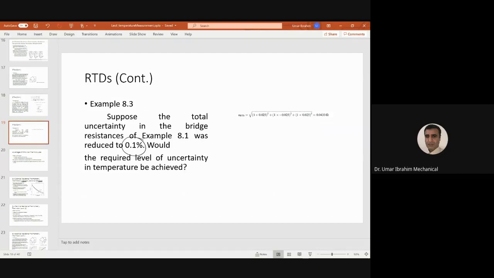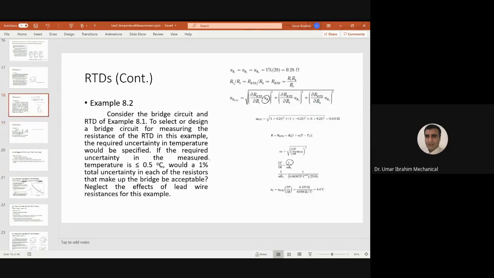the uncertainty in the resistances is 0.1% instead of 1%. And we do the same calculation again to find out if the uncertainty in the measured temperature is equal to or less than 0.5 degrees C. For 1%, the uncertainty in temperature is not equal to or less than 0.5, so it doesn't satisfy this condition.